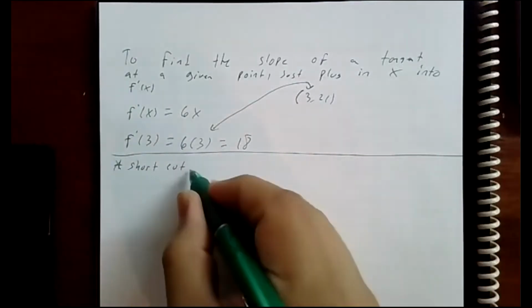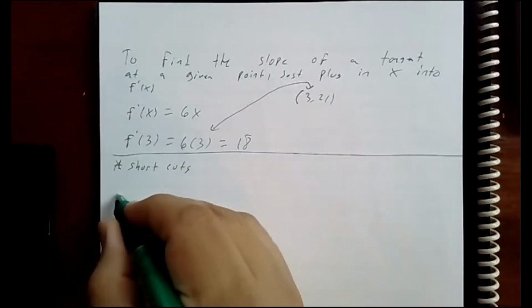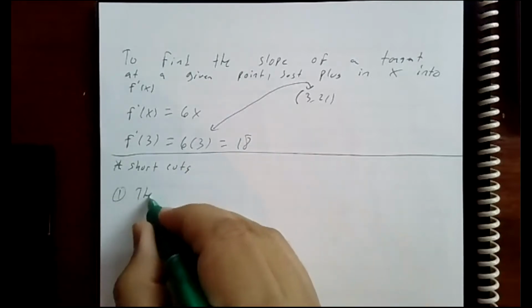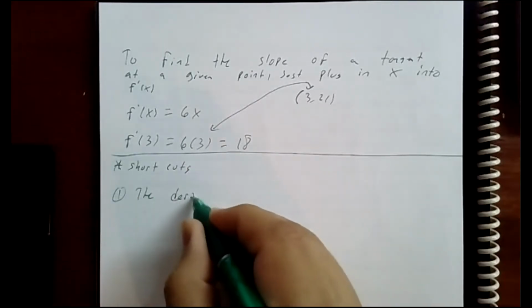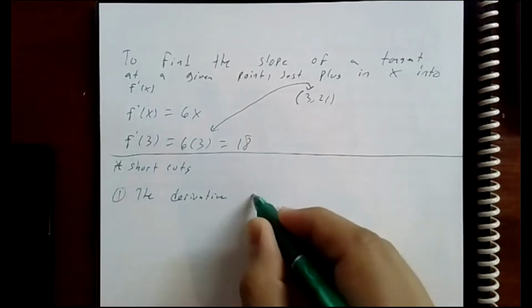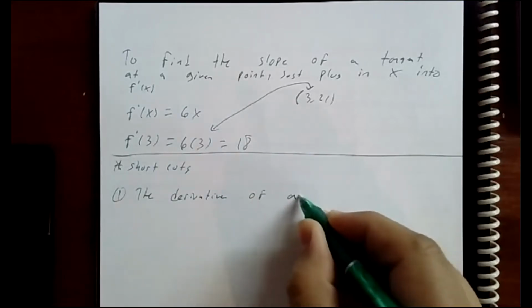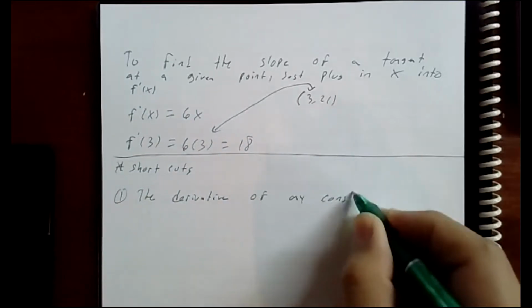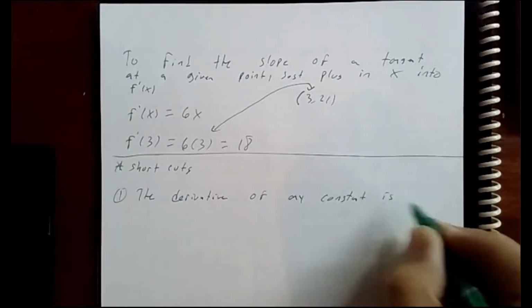All right, so number 1, the derivative of any constant is 0.